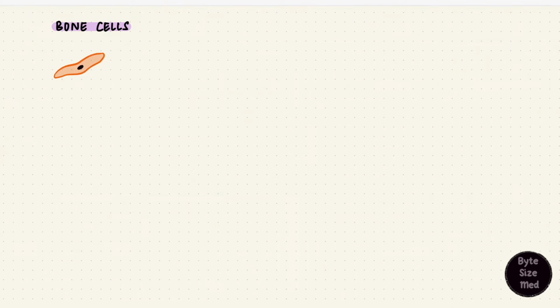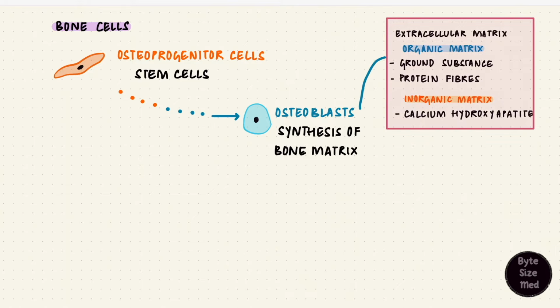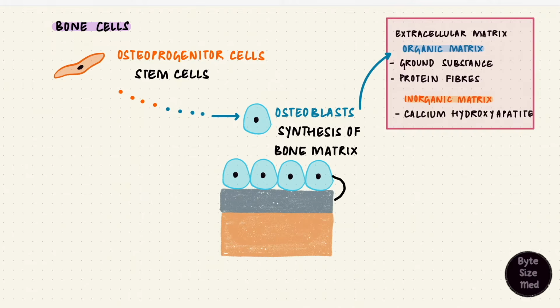There are osteoprogenitor cells, which are the mesenchymal stem cells capable of differentiating into osteoblasts when required. The osteoblasts are the active cells that synthesize all these matrix components. The organic, uncalcified matrix is called osteoid. That's what first gets synthesized.